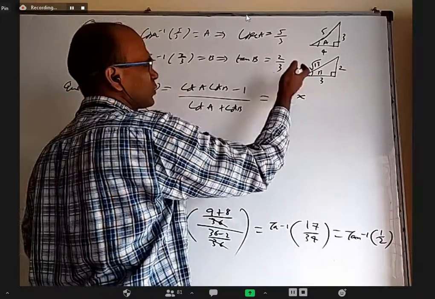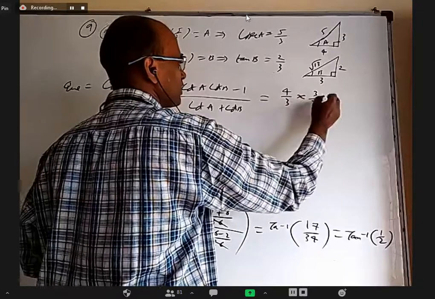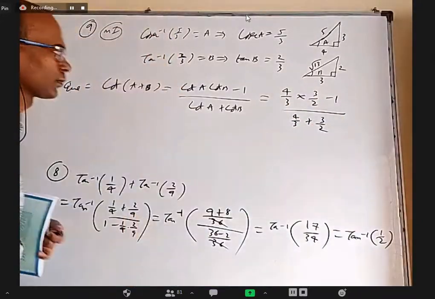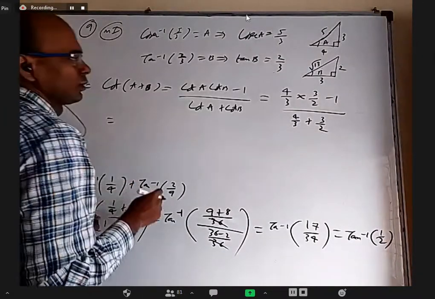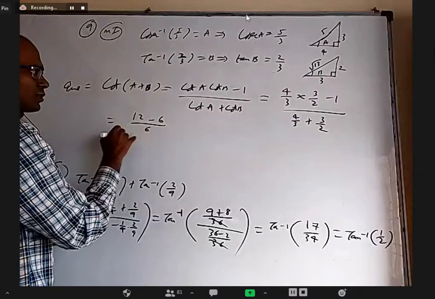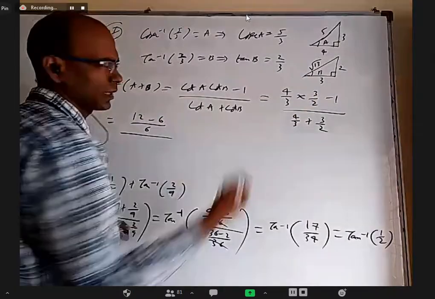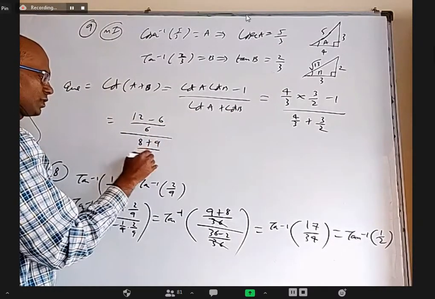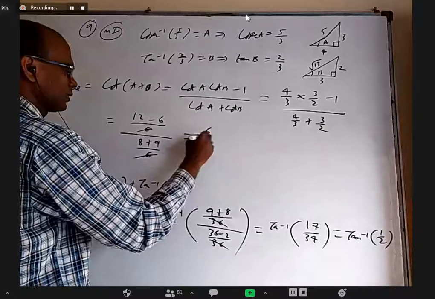Cot B is the reciprocal of tan B, which is 3 by 2. So it is 4 by 3 into 3 by 2 minus 1, by 4 by 3 plus 3 by 2. Okay, so that is 12 minus 6 by 6. I can cancel 3, but I am not cancelling it. And then 8 plus 9 by 6, so that I can cancel 6 straight away. I'll get 6 by 17.